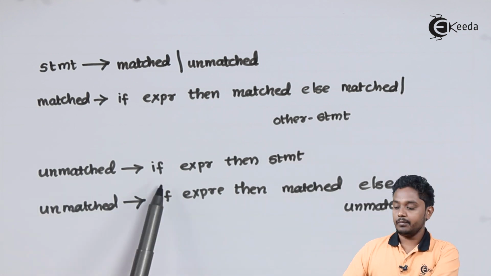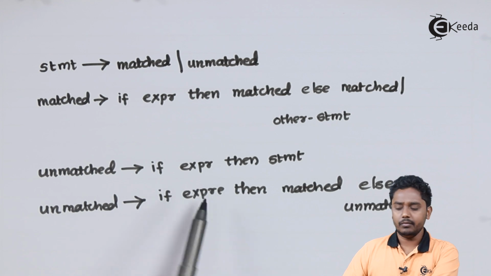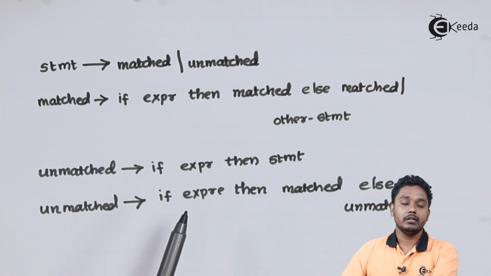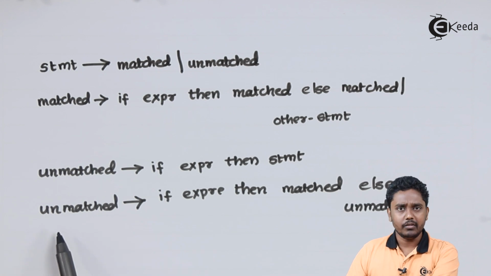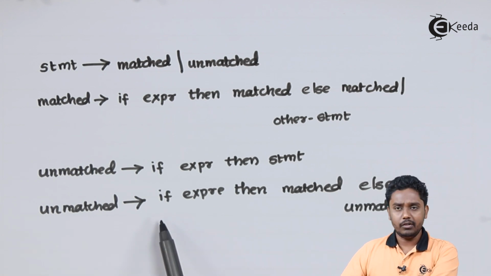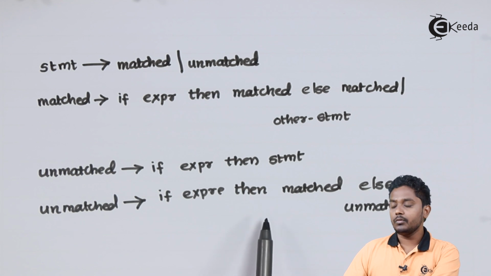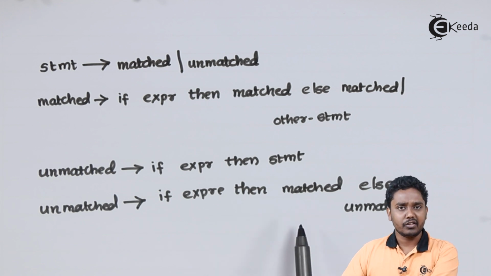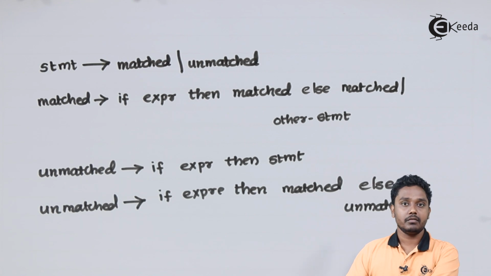An unmatched is if followed by an expression, followed by a then statement. That means it does not have a matching else. Or else an unmatched could be if followed by an expression, followed by then, followed by a matched statement, then followed by an open statement which is unmatched in the else clause.